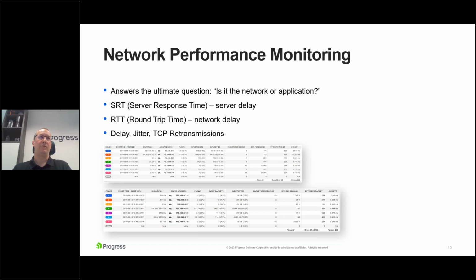For this, we have two key metrics: server response time, which corresponds to the server or application delay, and round trip time, which corresponds to the delay introduced by the network. There are also other metrics like, for example, retransmissions, which indicate that some packets are being lost or not processed properly and need to be retransmitted over the network, which is another indicator of network issues.